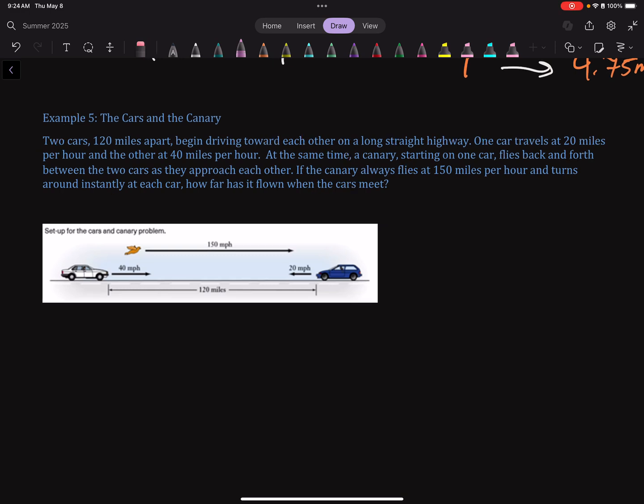Okay, so straight up it says 120 miles apart. That's a really big deal. Anything with numbers you usually want to pull out. So 120 miles apart. All right, then we're talking about two cars. So one car is traveling 20 miles per hour, the other car is driving 60 miles per hour, or sorry, 40 miles per hour.